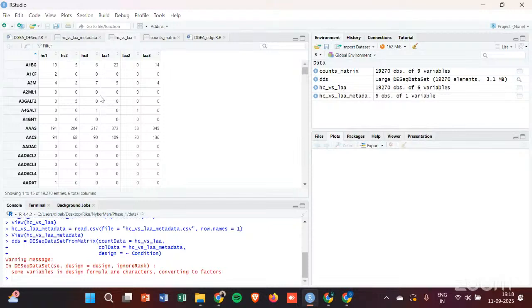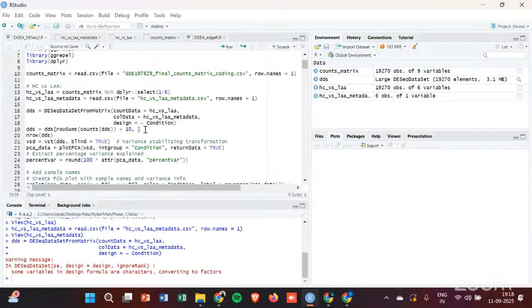For example, A1CF has a total count of only 2 across all 6 samples, so A1CF does not really provide much information across the 6 samples. If it does not provide much information, we do not need to consider it for our analysis further. So this is a filtering step that we do.